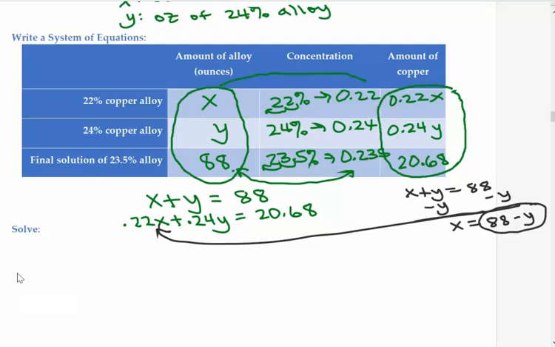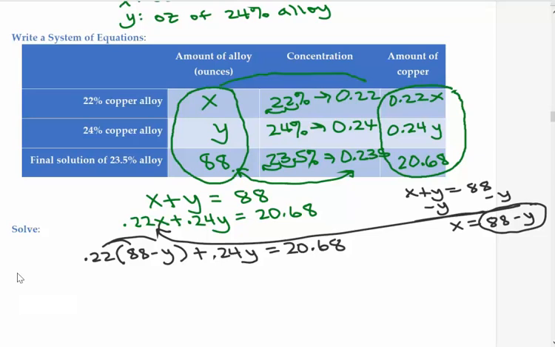So I write 0.22 in place of that x. I've got to put parentheses, 88 minus y, and then plus 0.24y equals 20.68.